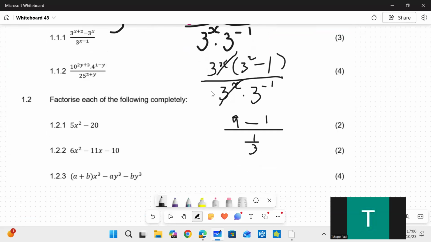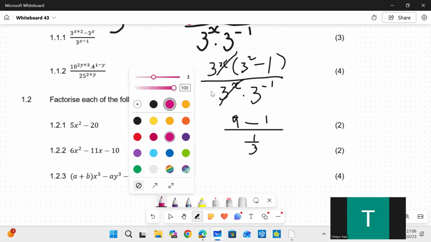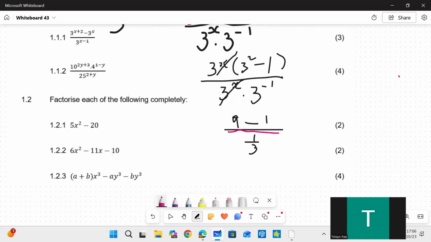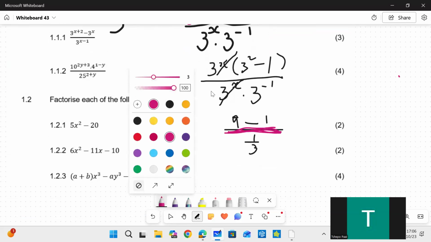Our next step, let me use a color here. This division line will be changed to multiplication. So now you have 9 minus 1, which is 8. The division will be changed to multiplication. Then 1 over 3 becomes 3 over 1.